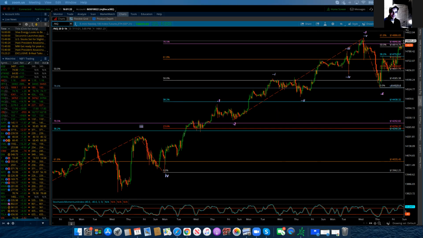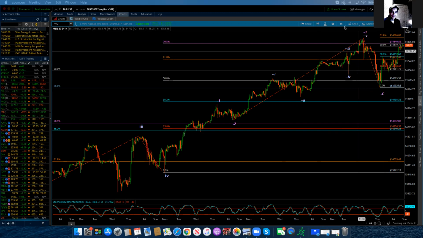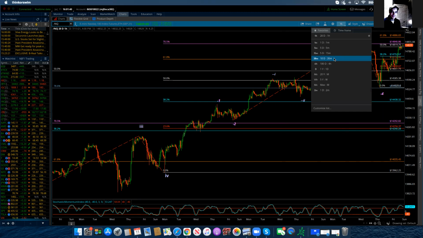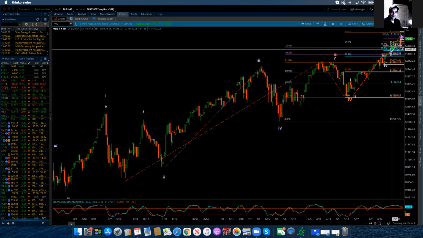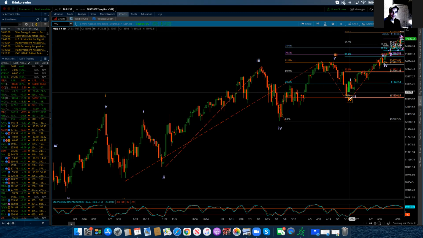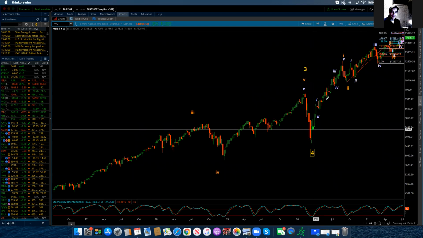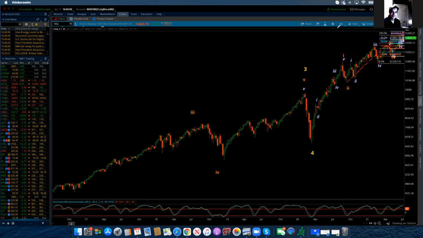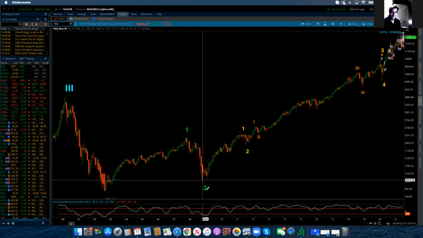Then we can start going up, because once we start finishing that sequence, that then finishes a minute wave 5. And so that would finish the minute wave 5, which in turn finishes the minor wave 5, which in turn finishes the intermediate wave 5, which in turn finishes the primary third wave.